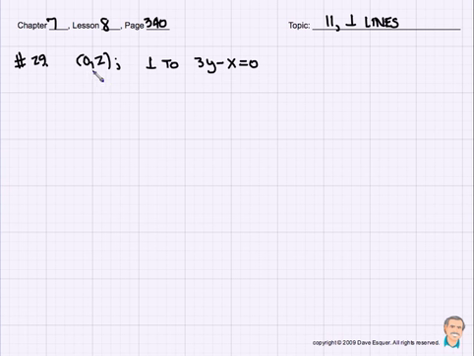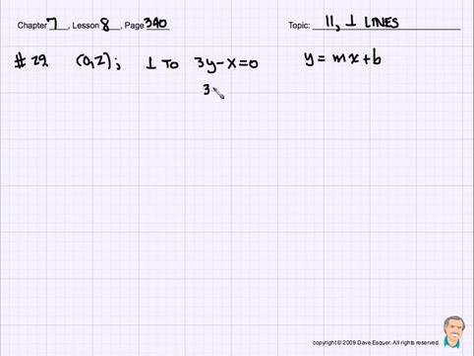Okay? Let's jump over to problem number 29. It says this line is going to go through the point (0, 2), and it's going to be perpendicular to 3y minus x is equal to 0. Well, that means we got to do something. We got to get y equals mx plus b again.